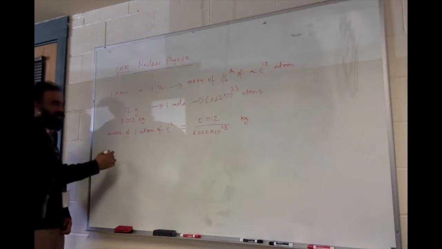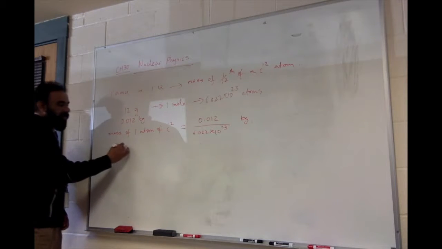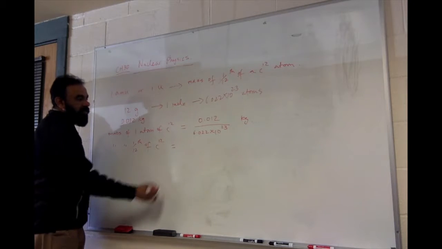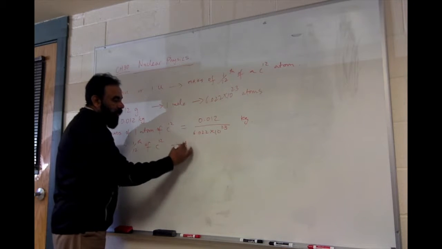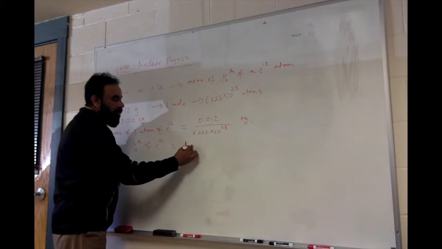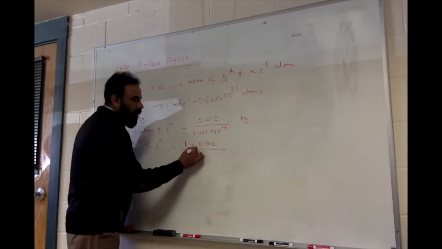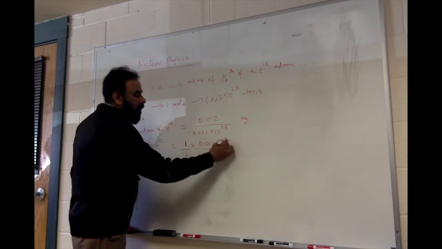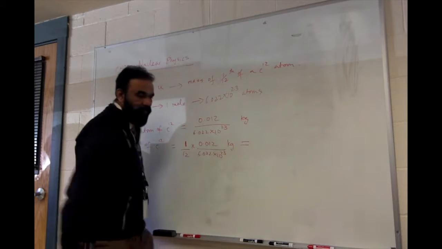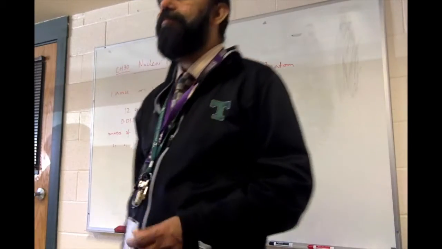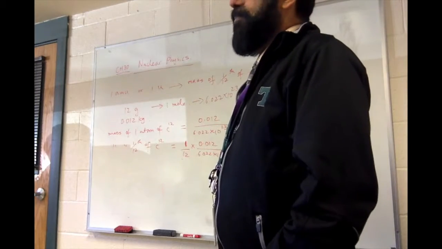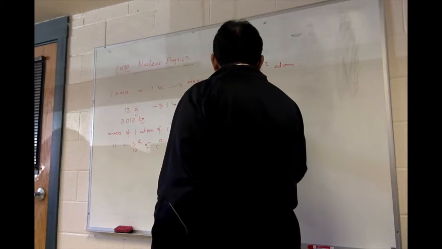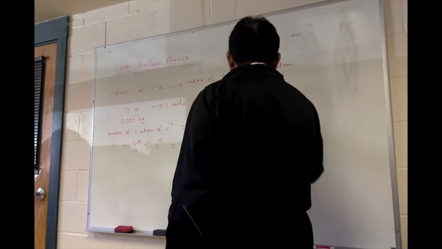I'm not interested in that because I'm interested in 1/12. So the mass of 1/12 of C-12 is going to be 1/12 of 0.012 over 6.022 times 10 to the power of 23 kilograms, which is equal to 1.66 times 10 to the power of negative 27 kilograms.